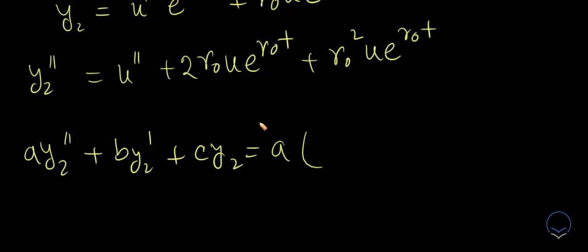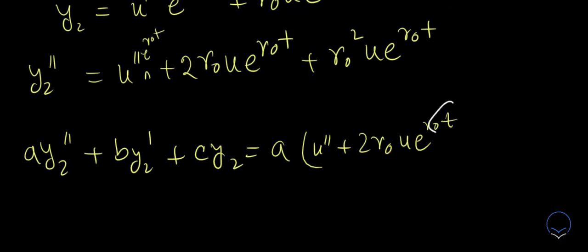Now I'm just putting in the values that I obtained over here. So this will be u double prime plus 2 r0 u prime e to the power r0 t. Oh yes, I forgot to write e to the power r0 t over here. Instead of writing it like this, I want to factor this out, which will be more convenient.